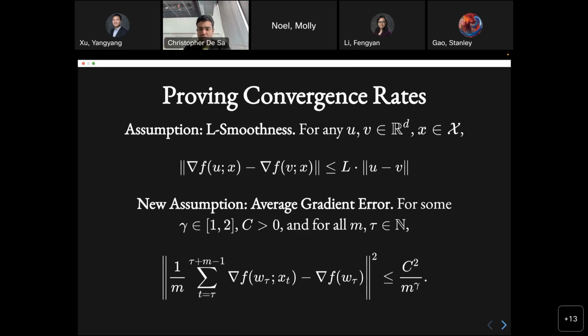For some constant C, and some constant gamma between 1 and 2, and for all weight values w_t that we might see over the course of running SGD, this bound holds: the averages of consecutive gradients converge to the full batch gradient at a rate that depends on the number of gradients you're averaging, bounded by the quantity C squared over m to the gamma.